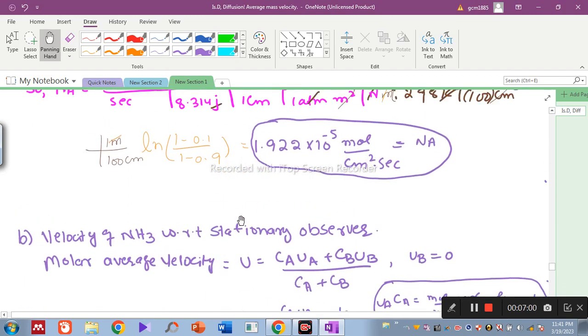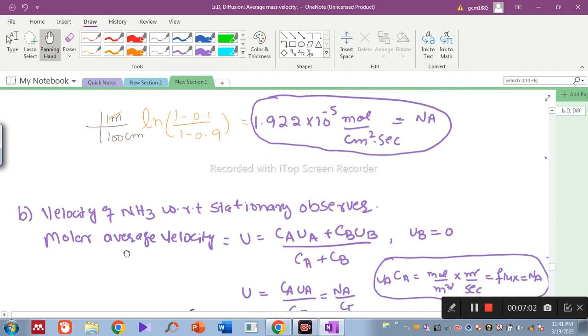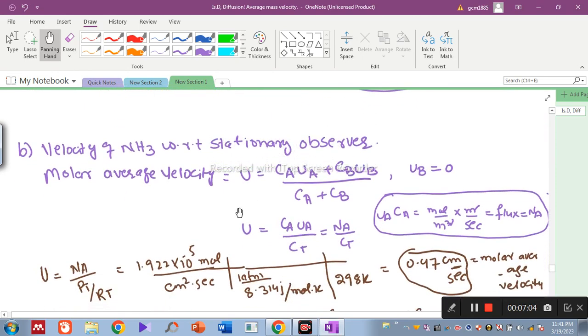Now part 2: what is the velocity of ammonia with respect to a stationary observer? First of all, we will find the molar average velocity. The formula for molar average velocity is U equals Ca, the concentration of ammonia, multiplied by the velocity of ammonia, plus the concentration of air multiplied by the velocity of air, divided by the concentration of ammonia plus the concentration of air.